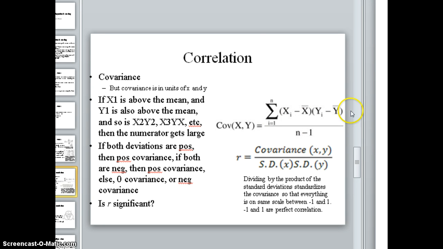So this whole thing will become positive. You basically have a big positive difference here and a big positive difference here. You multiply them together and you get a big positive number.